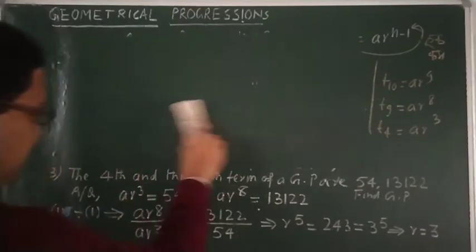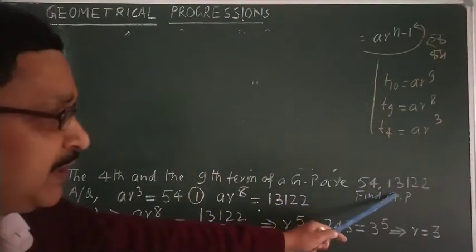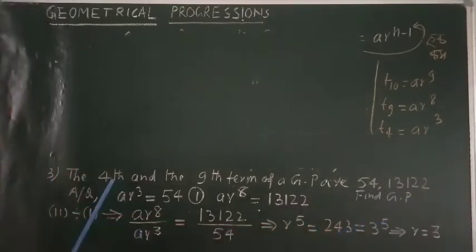Another problem: the fourth and the ninth term are 54 and 13122. The fourth term T4 is ar^3 equal to 54, and the ninth term ar^8 is equal to 13122. Now divide 2 by 1.